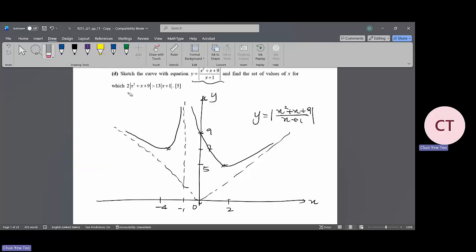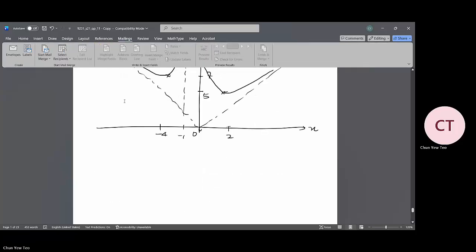Now we need to solve the inequalities over here. So to solve the inequality, we just need to make them become equal. So you have a 2 modulus of x squared plus x plus 9, let it equal to the 13 modulus of x plus 1.